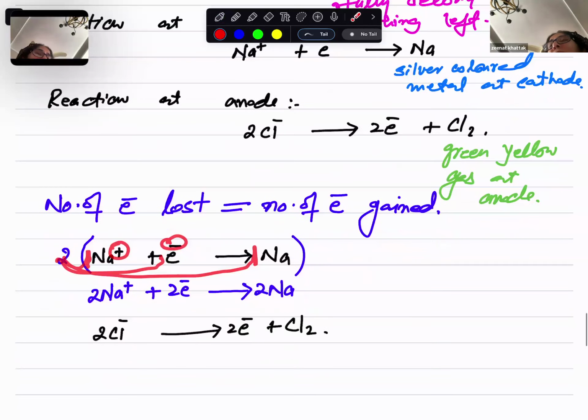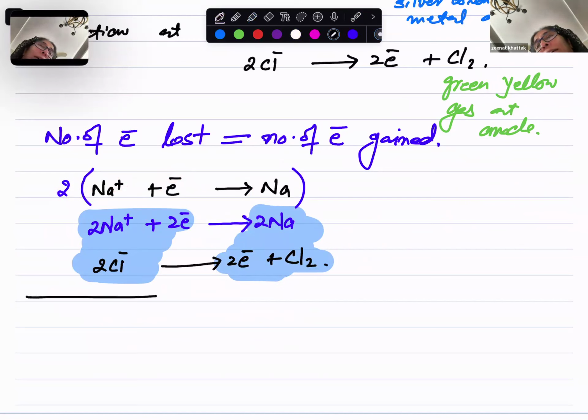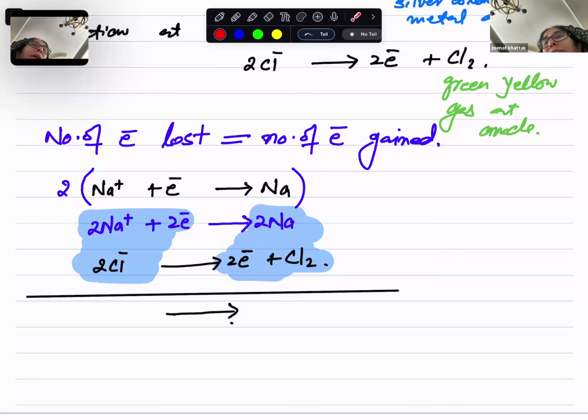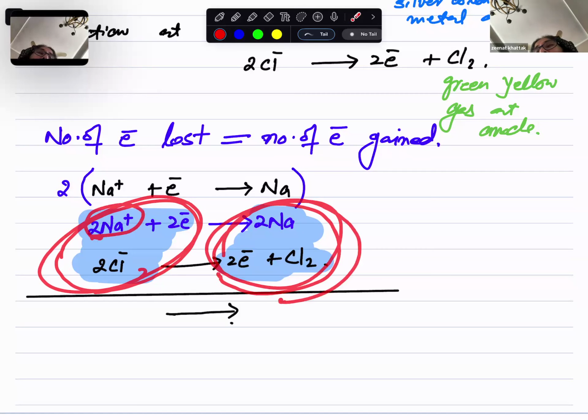Right? Now, what is your next step? These are all your reactants. These are all your products. Draw this line and put the arrow. Is there anything that is the same between all reactants and all products? It's Na+, it's Na. They're not the same, they're different. But the electrons are the same.